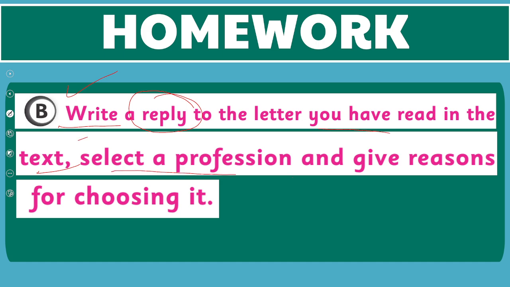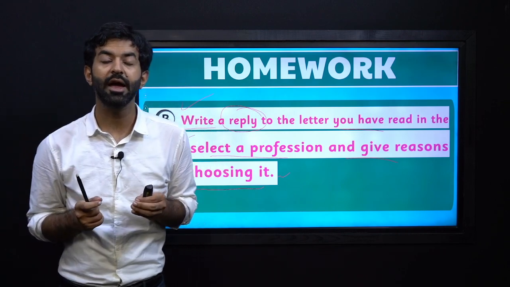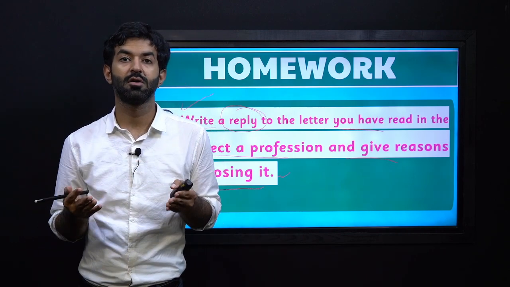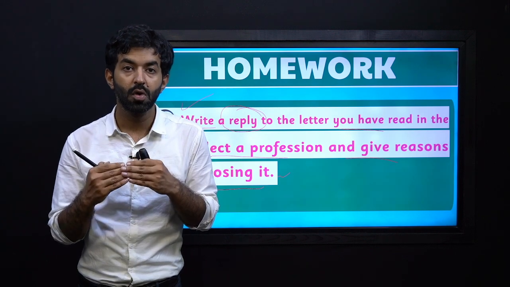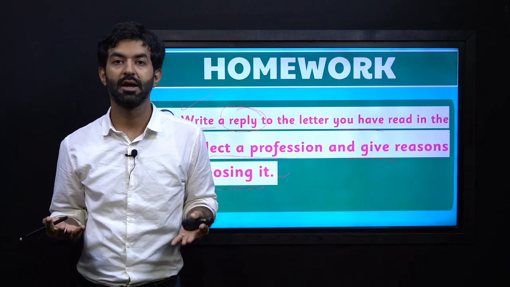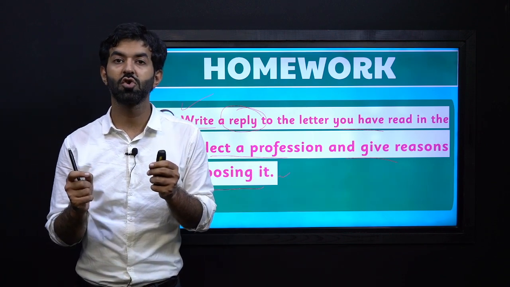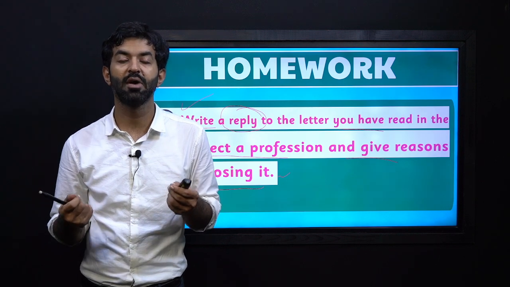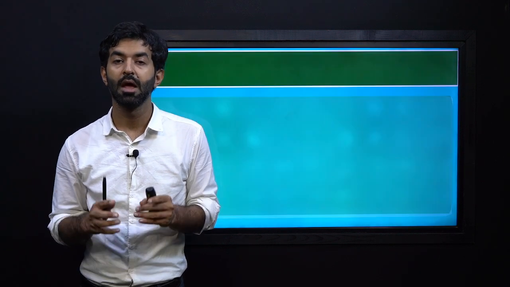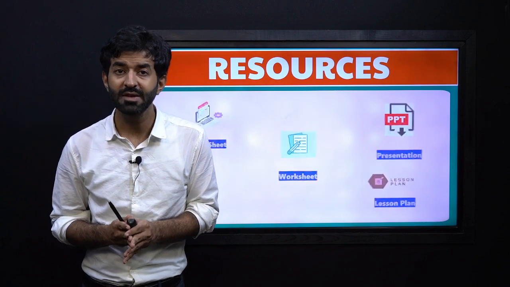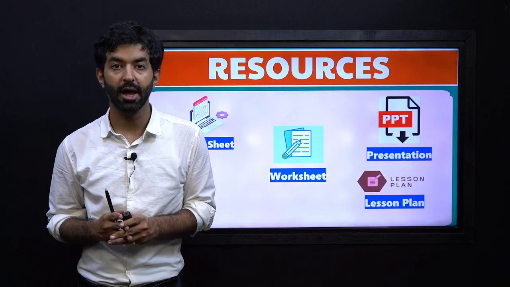Select a profession and give reasons for choosing it. You know that in the main text, a father is writing a letter to the son. Now you have to, as a son, reply to that letter according to the instructions. So this will also be an informal letter because you are writing to your family member. And now all these resources are available for your help.